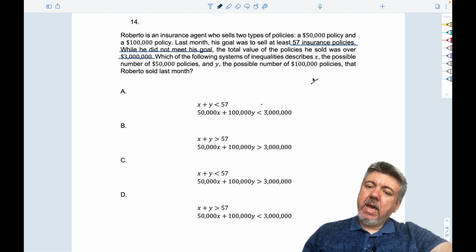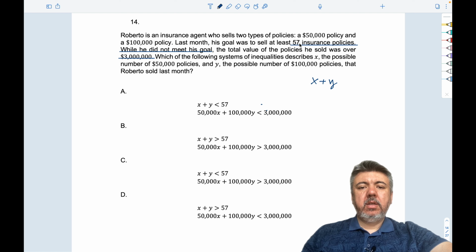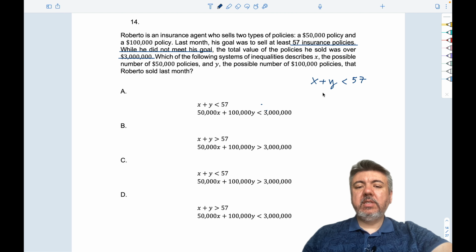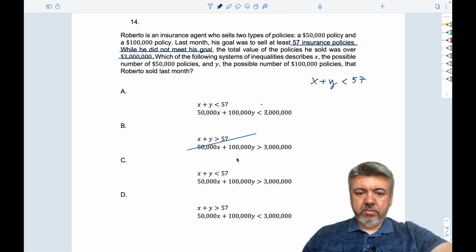So, x plus y. Their goal was to sell at least 57 insurance policies, but he didn't meet it, so it's less than 57. Equal isn't accepted, so that's not correct.